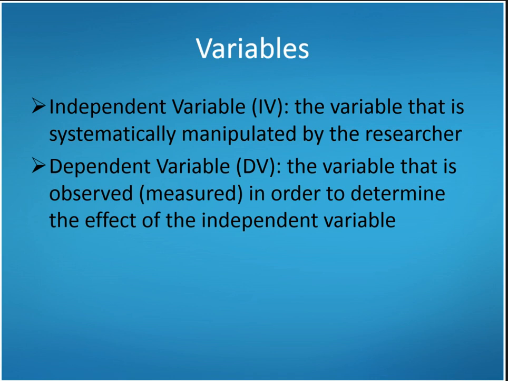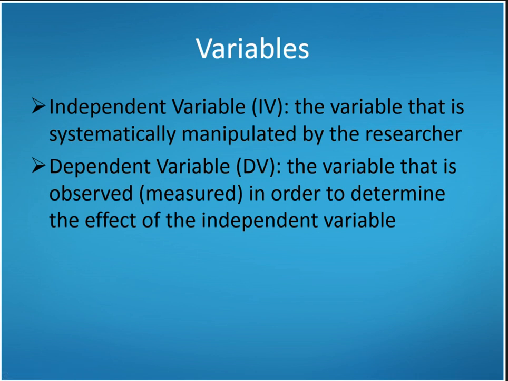The independent variable is whatever variable the researcher manipulates or changes, and that variable is assumed to have a direct effect on the dependent variable. And the dependent variable is the variable the experimenter measures after making the change to the independent variable that we assume is going to affect that dependent variable.